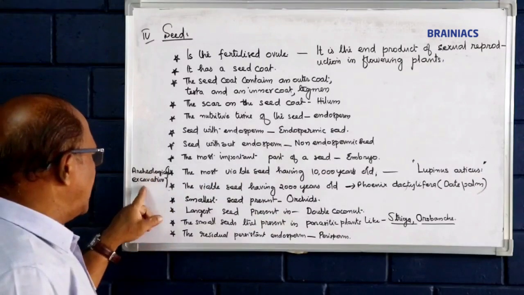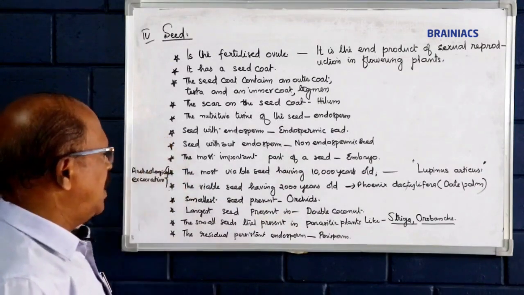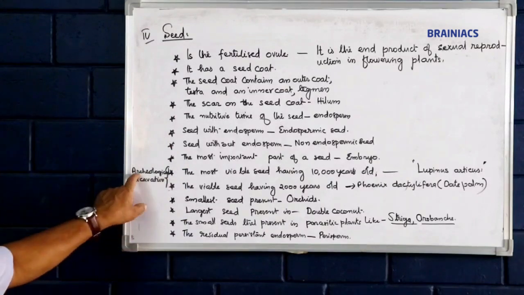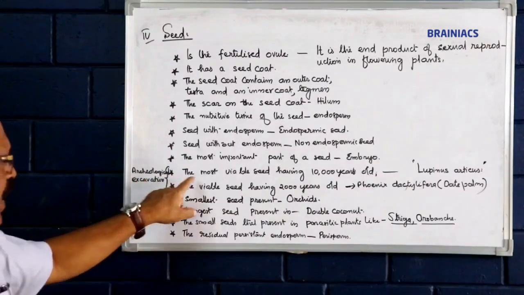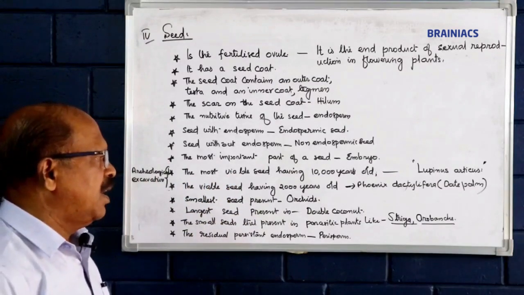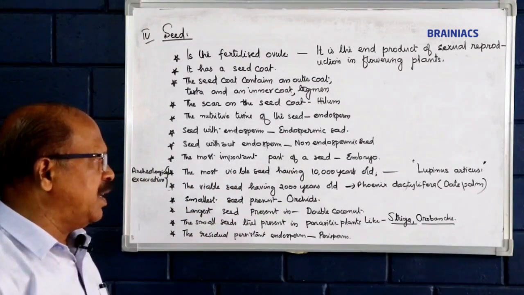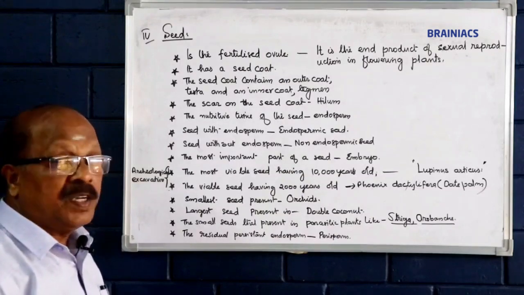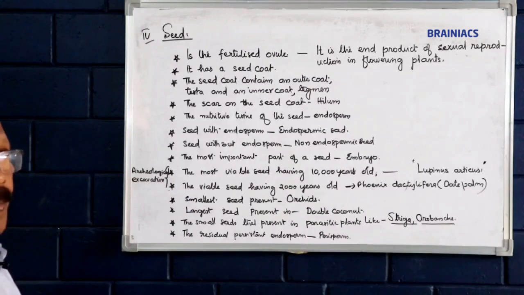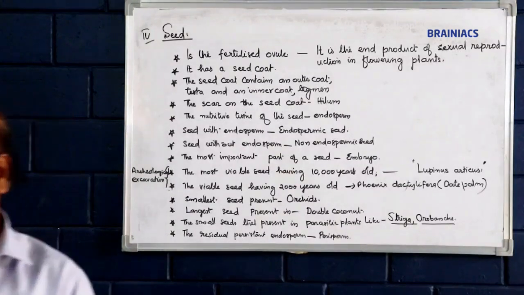According to the archaeological excavation, the most viable seed they discovered in the Arctic region, the plant is called Lupinus arcticus, 10 years old. Sorry, 10,000 years old, not 10 years.